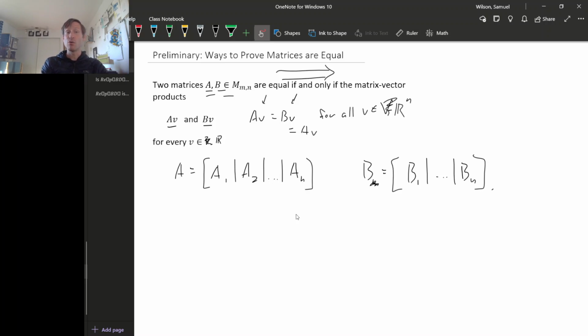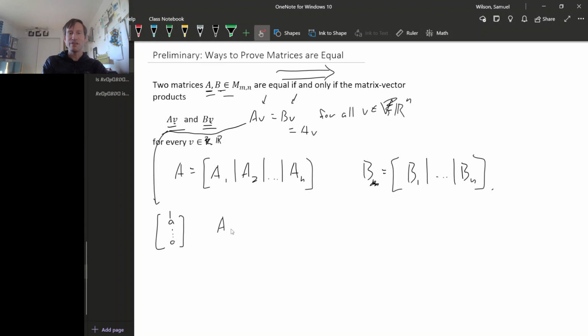Okay, so now remember, for this part, we're assuming that all of these matrix vector products are equal for every choice of vector v, and we want to show that these matrices are equal. Since it's true for every choice of v, in particular, it's true for this v, the vector in Rn that has a 1 in the first entry and a 0 in all the other entries.